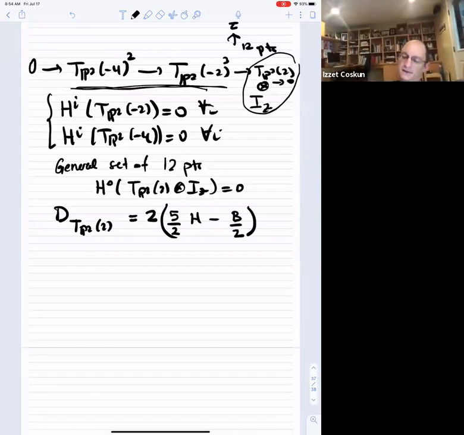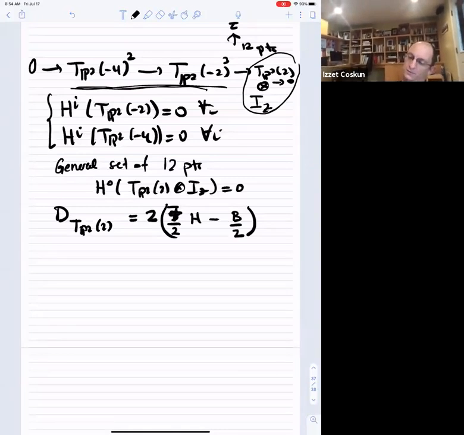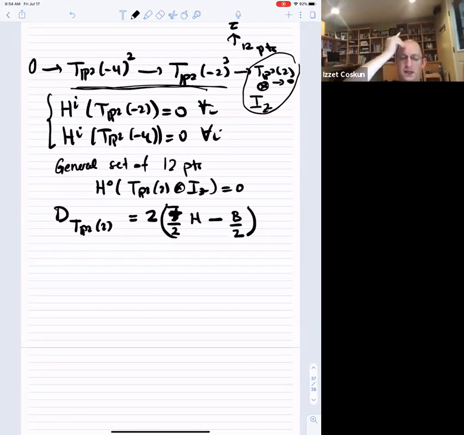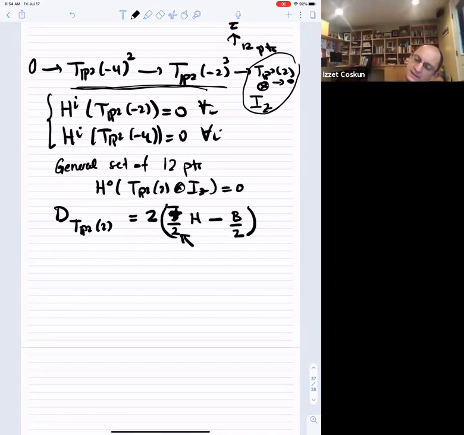But no, it's 3/2. What do I do? 3/2 plus 2 is 7/2. So 7/2 H minus B over 2. Anyway, so you can compute the classes of these things, and the thing here is the slope. The slope of TP2.